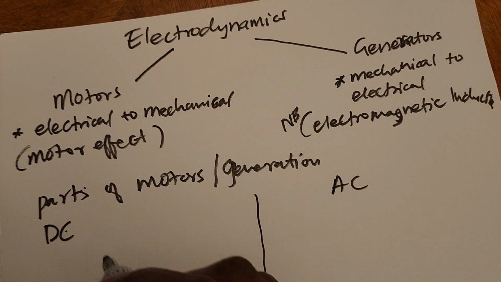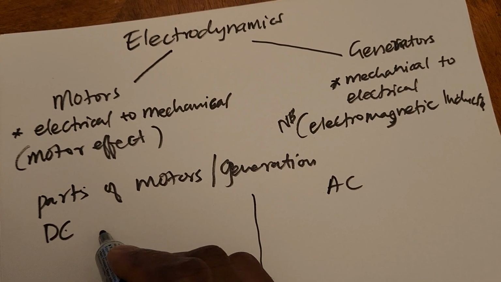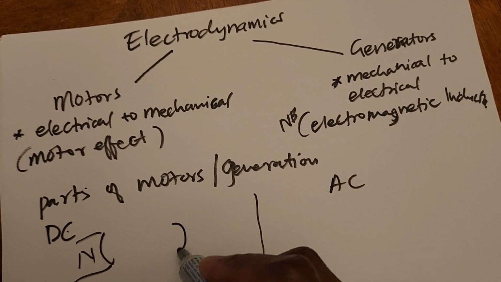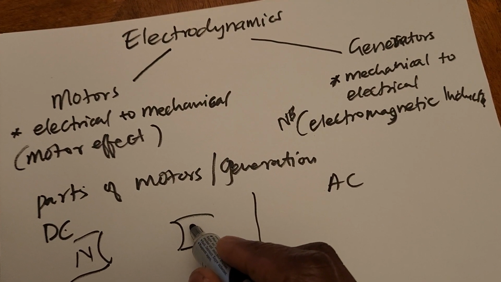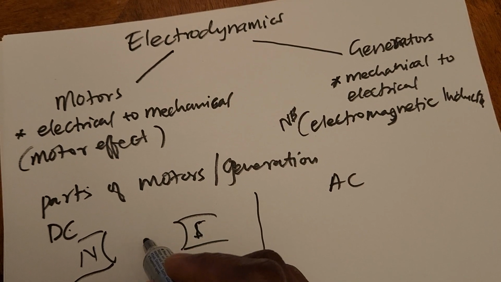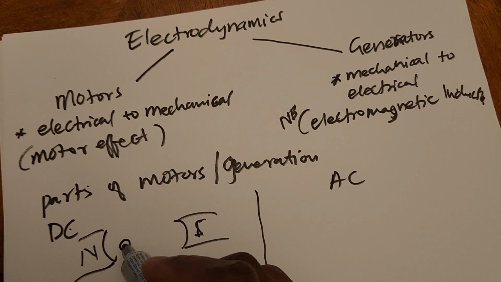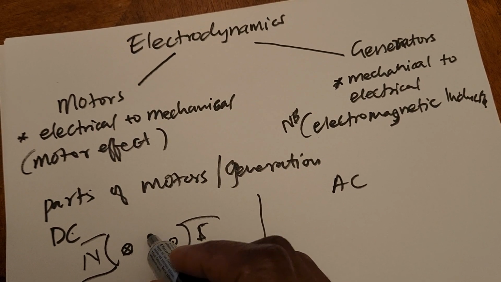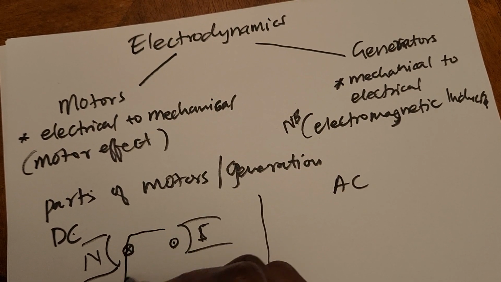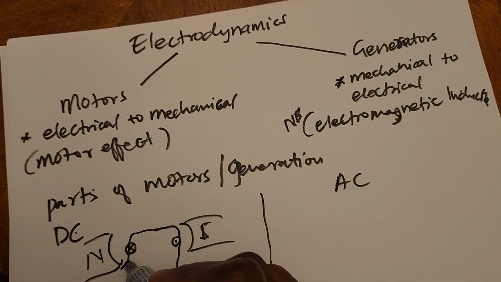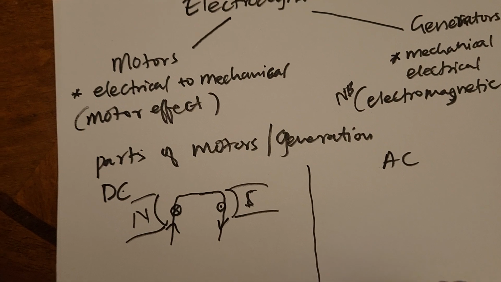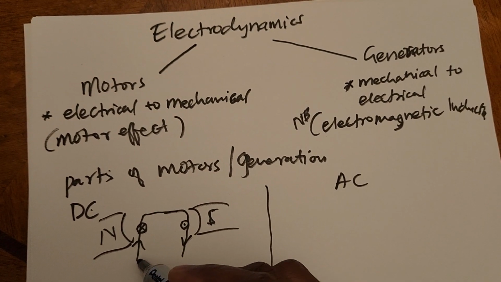Now the difference will be in a DC motor, we'll be having the magnets, which is north and south. We'll have a coil in the magnetic field, either going away from the observer, which is this one, or towards the observer when you see the point. I hope you remember those directions.